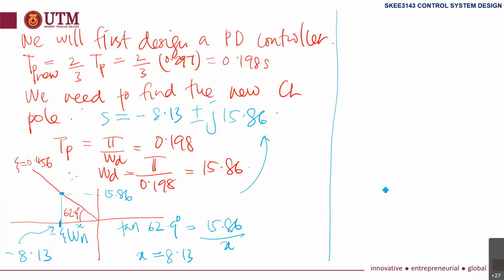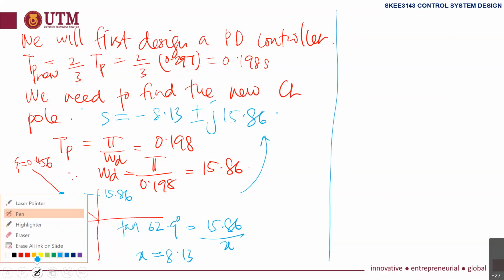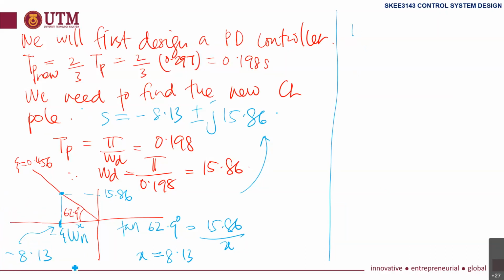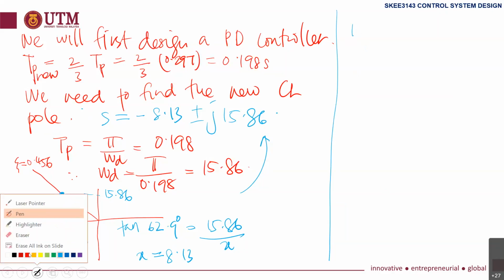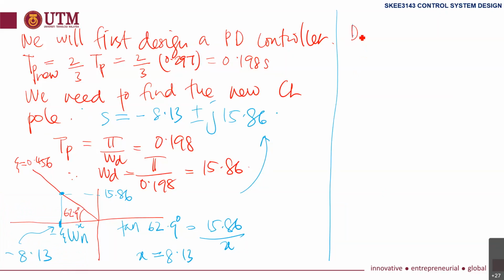So now we want to proceed to design the PD controller. We design by adding a zero. This is the original.